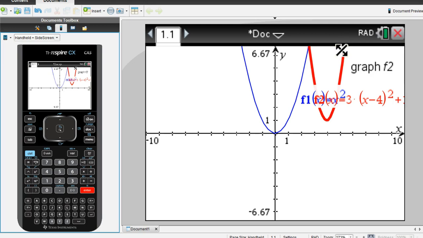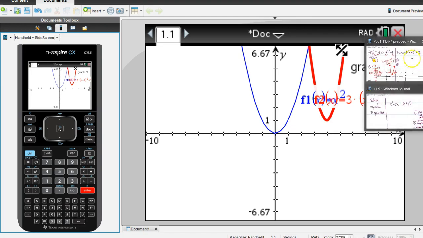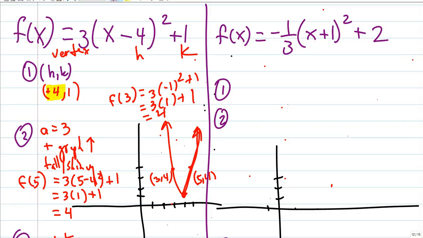Next one. What if I have a negative 1/3 in front of it? Well, first, we don't worry about all that. We focus on the vertex. Where's the vertex? H and K. Our H and our K are in here. You have to remember the H is opposite.